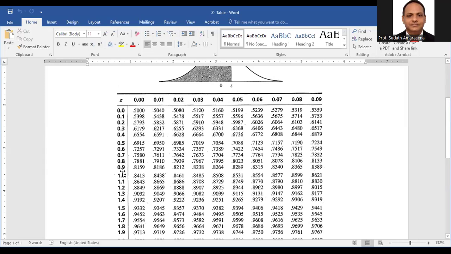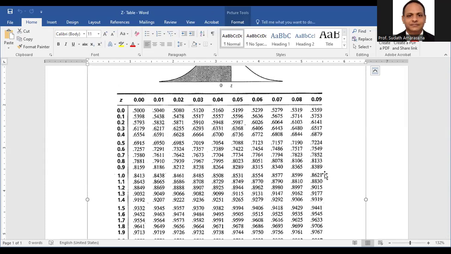You go to that particular row and the particular column, and at the intercepting point you can see the value 0.8621. Right? That's the value we need as the solution answer.